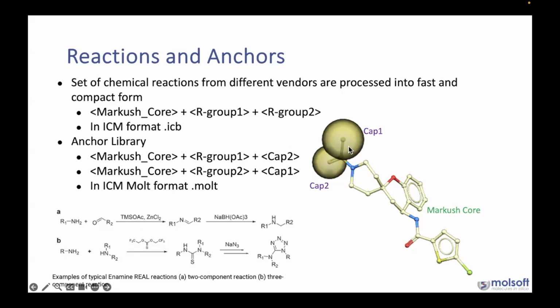For a simple two-component reaction with just two R groups, a single iteration is enough to complete the molecule and produce a full structure for Ginger. We pre-process three-component reactions into two components by enumerating just one of the R groups.